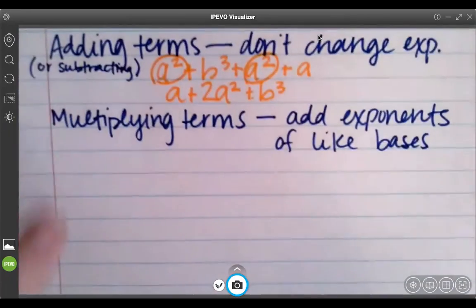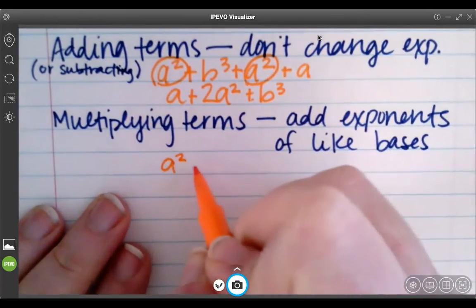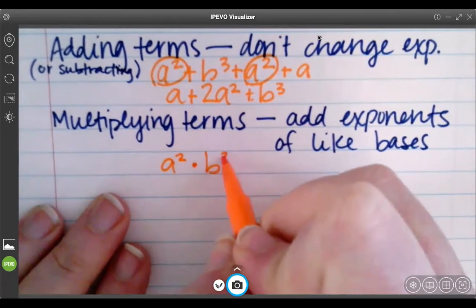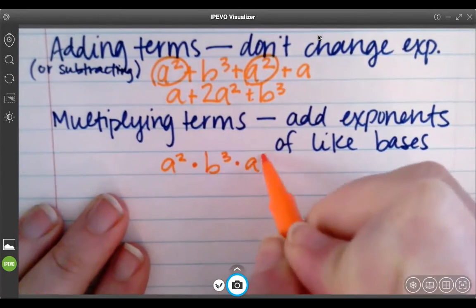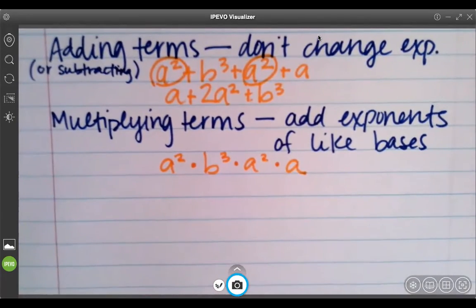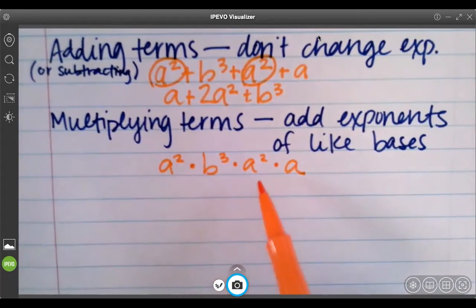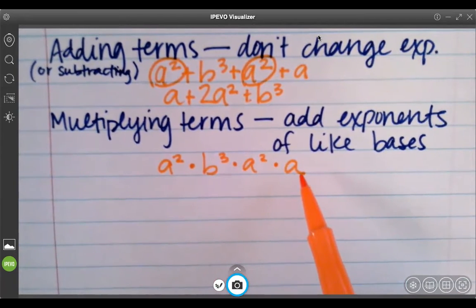So I'm just going to go ahead and use the same string of variables, terms. Well, if I am multiplying all of these together, then I have two a's that get multiplied, and then I have two more a's, so I'm up to a total of four a's all multiplied together, and then there's a fifth one all multiplied together.